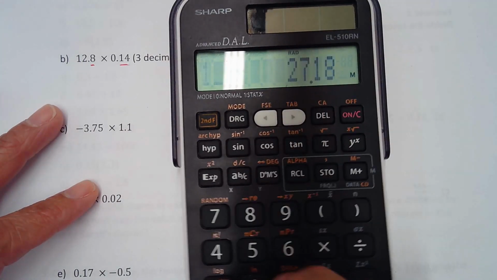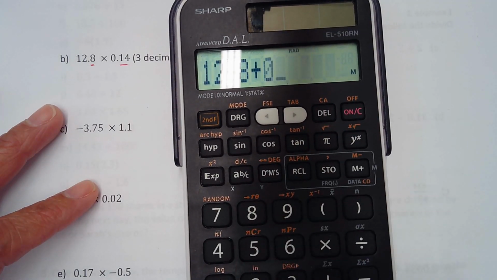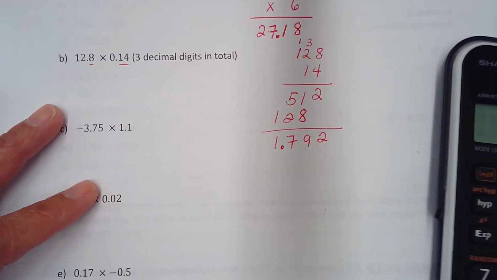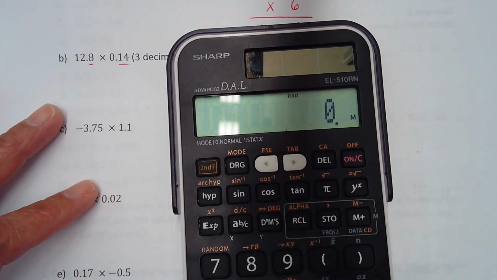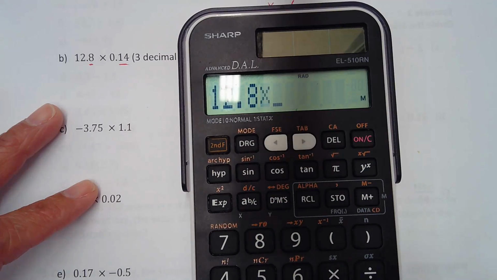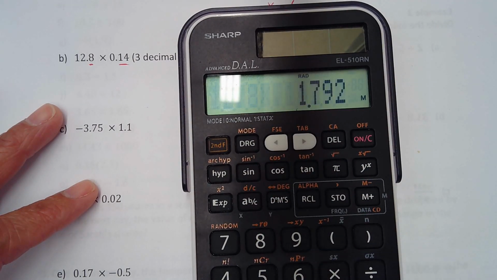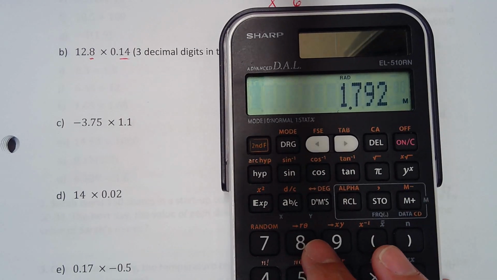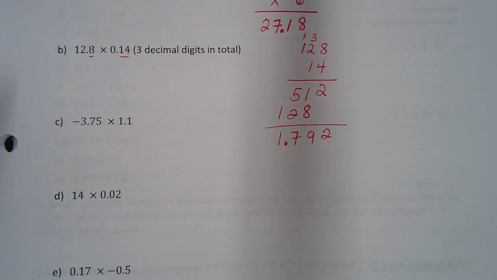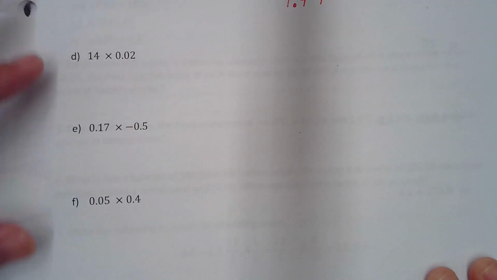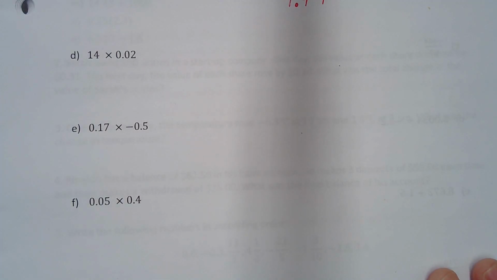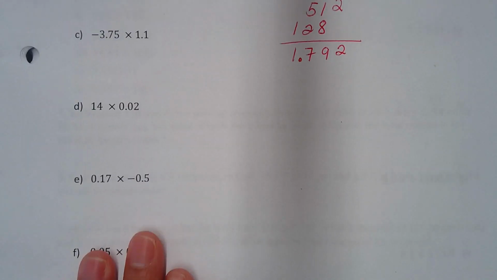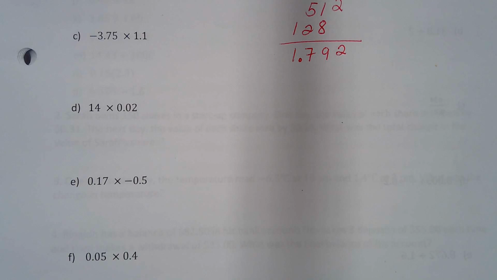So 12.8 times 0.14 is 1.792. Okay, so now that you know the process, go ahead and finish that off, and we'll compare our answers.